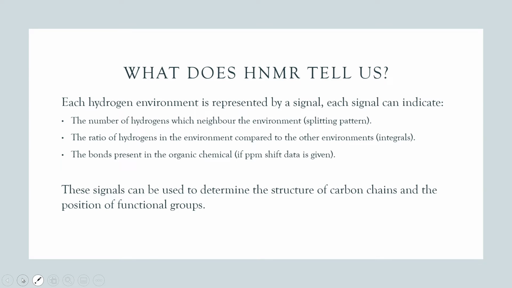That's not always the case, nor is it necessarily the most impactful or powerful thing that HNMR can do for us. Generally speaking, if we're looking at those splitting patterns and integrals and we can figure out where all the hydrogens belong and what's next to each hydrogen environment, we can start to figure out what the structure of the carbon chain actually looks like and possibly even figure out the position of functional groups as well.